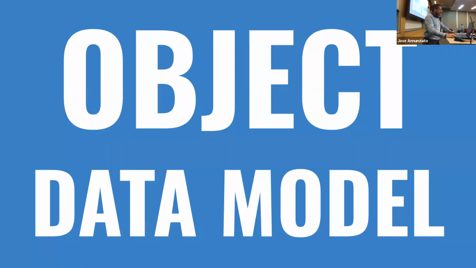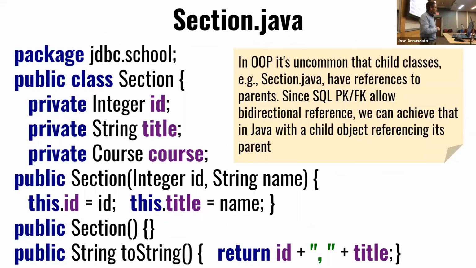So in the object world, you would start with the assumption that for every table there will be a class. If there's a section table, then there will be a section class, and if there's a courses table, there will be a course class. Obviously, you would follow the naming conventions on either side.